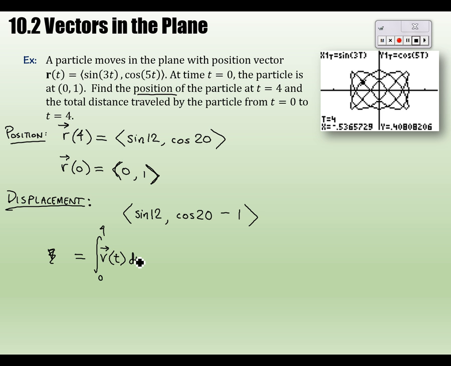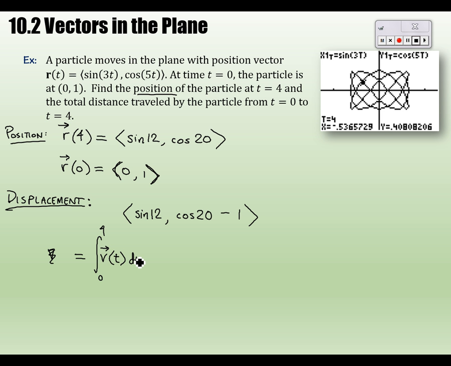Okay? Same thing. You'd have to integrate both pieces separately on the calculator, and put a comma in between them. I'm not sure if that's what the question is asking for.